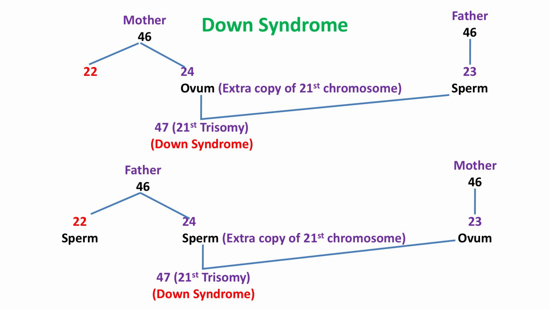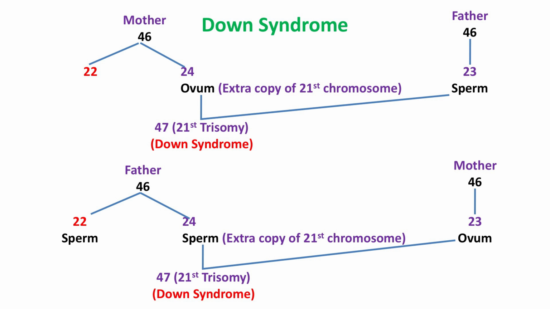Another possible case is when the offspring receives 2 copies of the 21st chromosome from father through sperm and 1 copy of the 21st chromosome from mother through ovum, it also causes 21st trisomy.